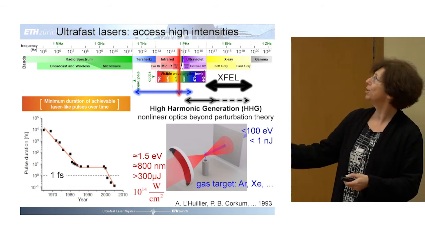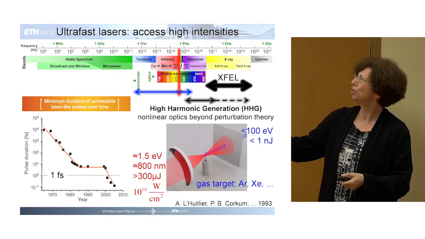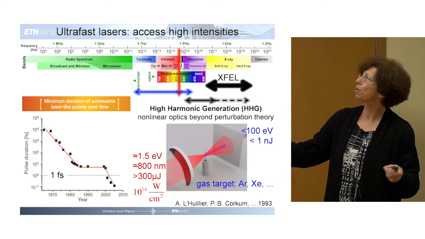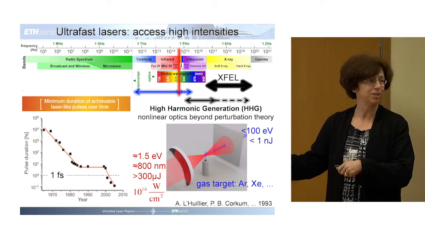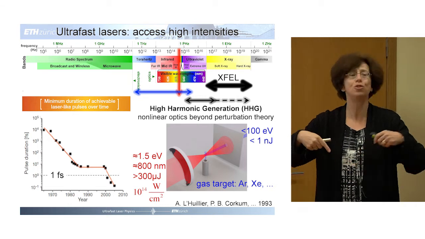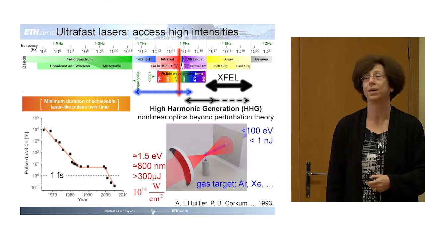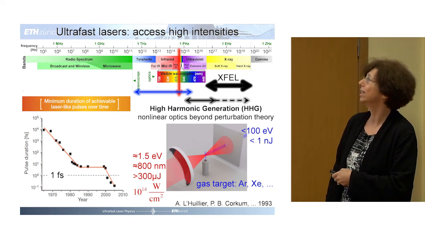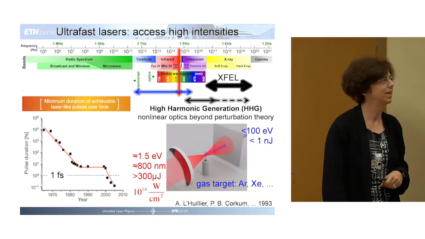So overall, when you look at what we have today, we have, in principle, synchronized pulses going from the terahertz to the hard X-ray with atto- and femtosecond pulse durations. It's a huge toolbox, and that will really help to unravel the understanding of what is going on in the material.